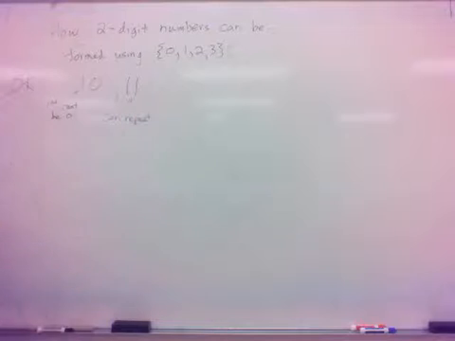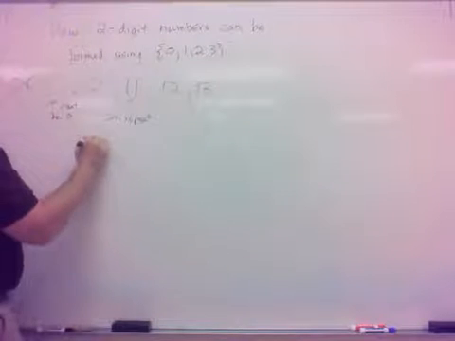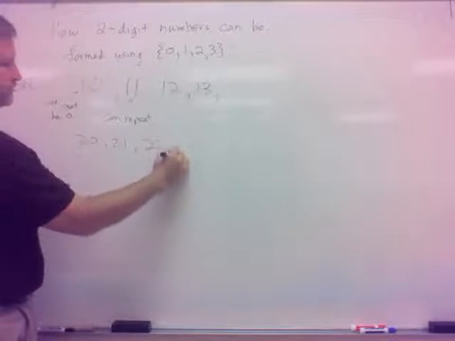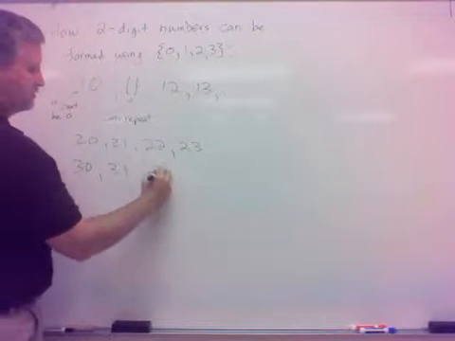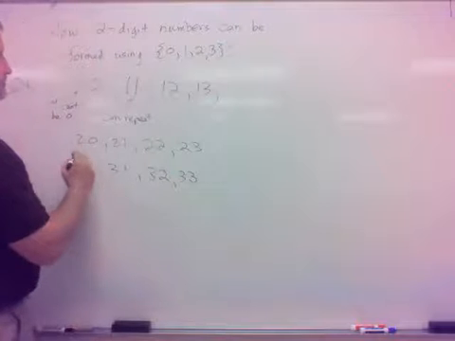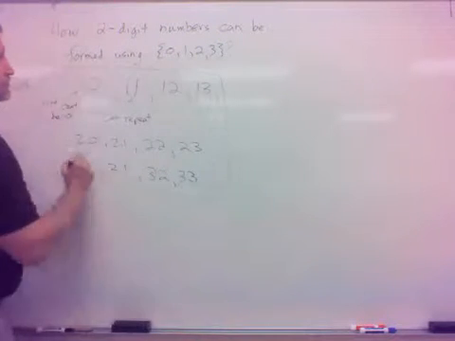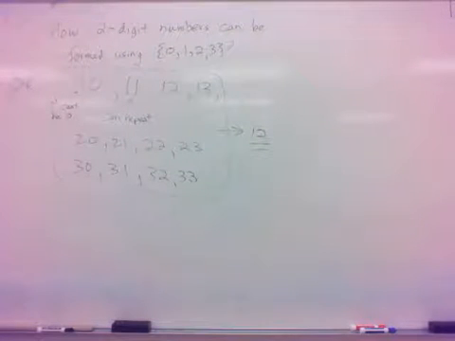So that'd be the next one, then 12, then 13. Then 20, 21, 22, 23, and then the 30s, 30, 31, 32, and 33. So I'd have 12 altogether, by my count.